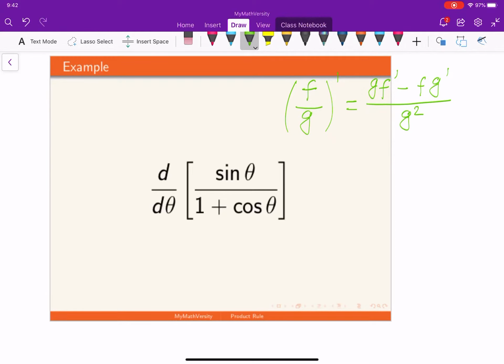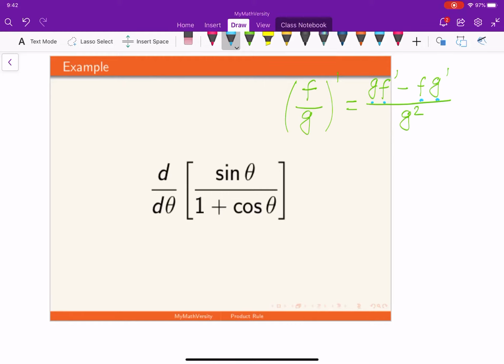Let's apply this quotient rule to find the derivative of the given function. If you want to apply it, we need a couple of pieces of information: we need to know f, g, f prime, and g prime. So let's first collect those.